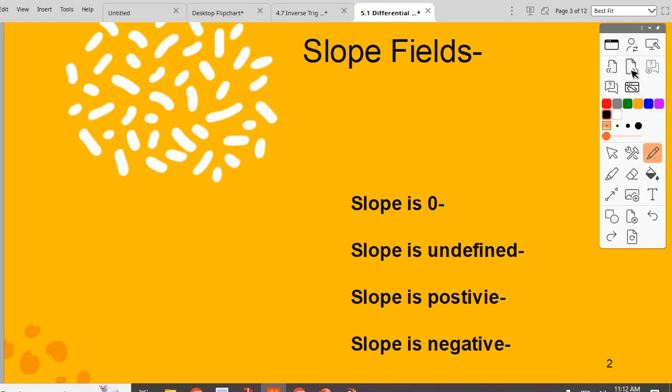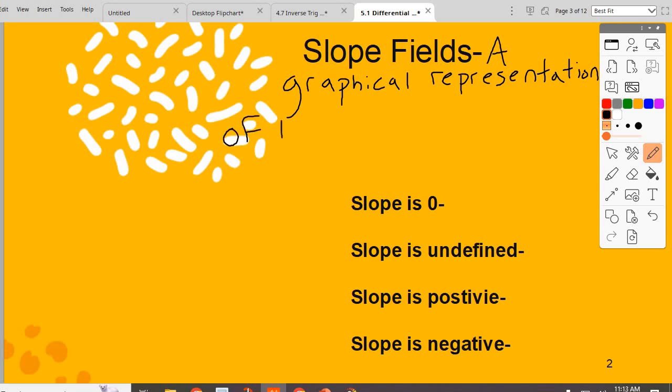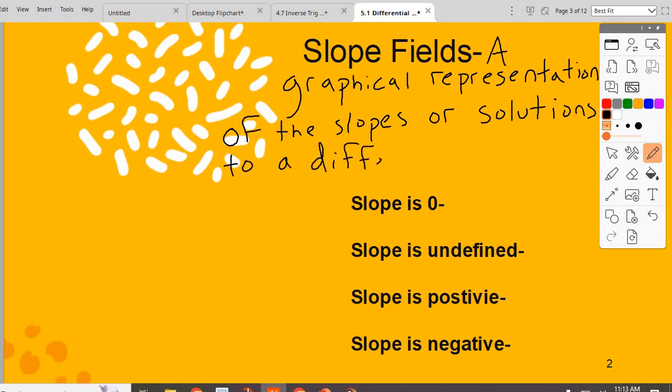And basically a slope field is a graphical representation of the slopes or solutions to a differential equation.